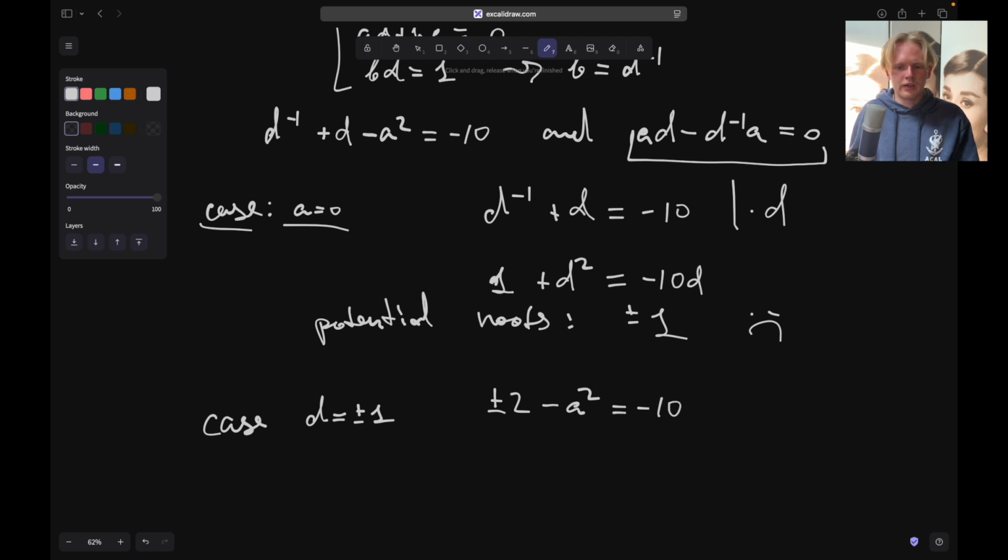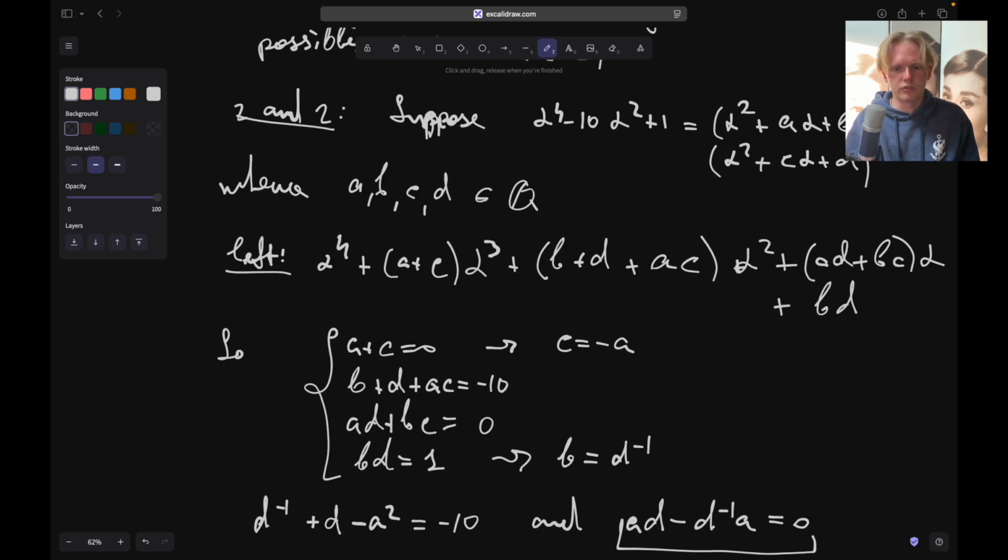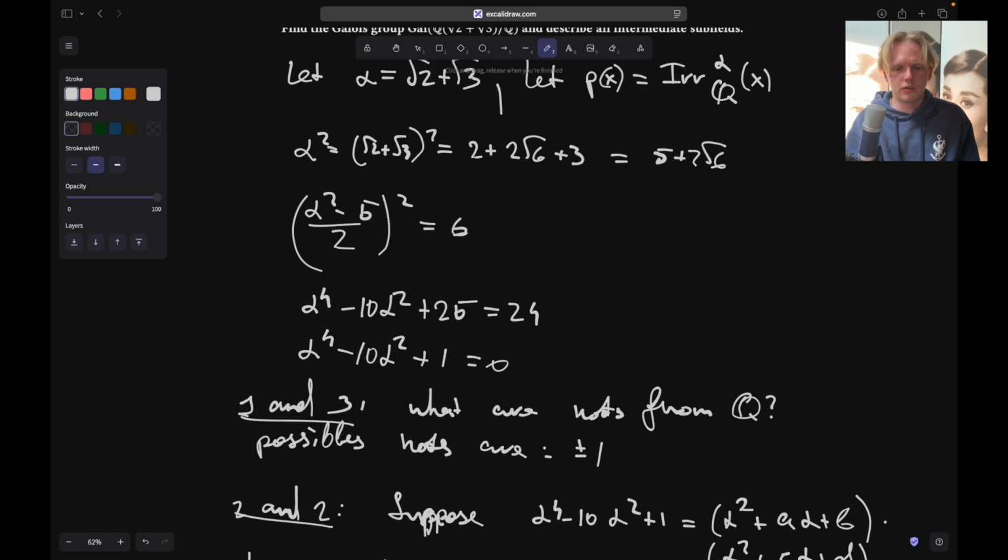So we say that a squared is 12 or 8, and a is not a rational number. So nothing here, and we say that this thing is irreducible, and actually we found the irreducible polynomial of alpha.